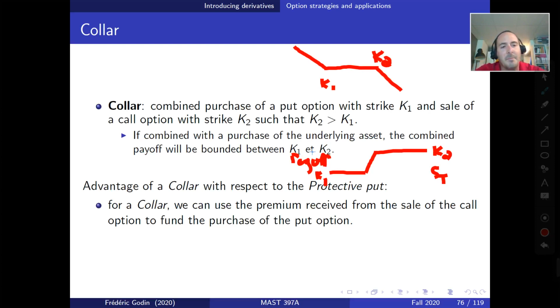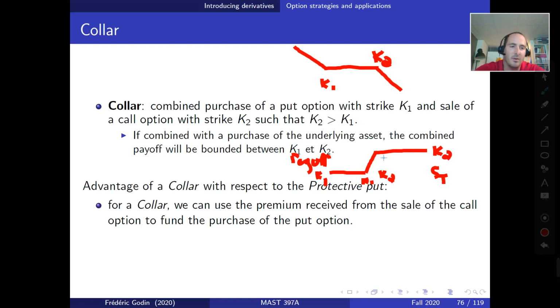So you can see that this caps and floors the total payoff of your portfolio. You remove upside risk by selling the call option. So okay, this is K2 here and K1 here. If your underlying asset price goes above K2, then by selling the call option, you remove any upside risk above K2.